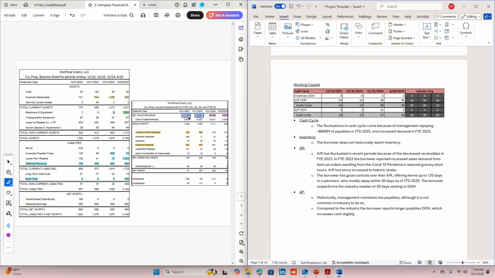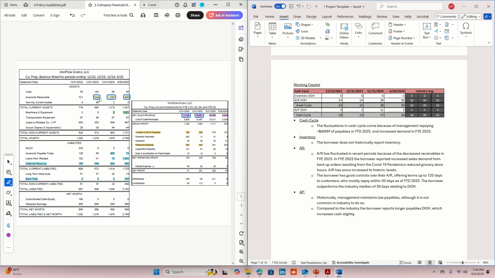And if they're paying slower and sales are going down, then that means there's a red flag. That's a horrible sign. Now, if it goes the other way, then that's a good sign. That's good for us.